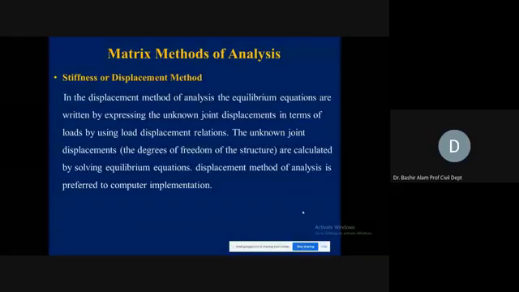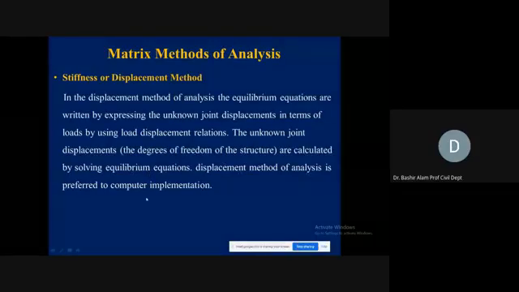So equilibrium equation is coming here. There we were having the unknown actions, but here now we are having the unknown displacements, which is the degree of freedom of the structure, calculated by solving equilibrium equations. So here we solve the simultaneous equilibrium equations.